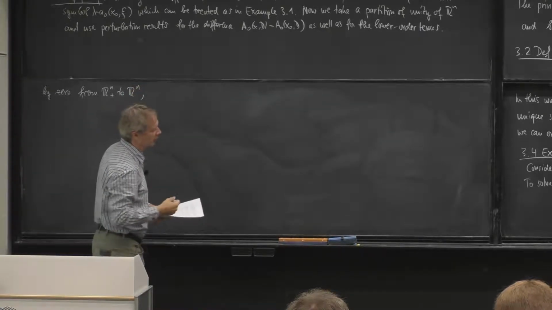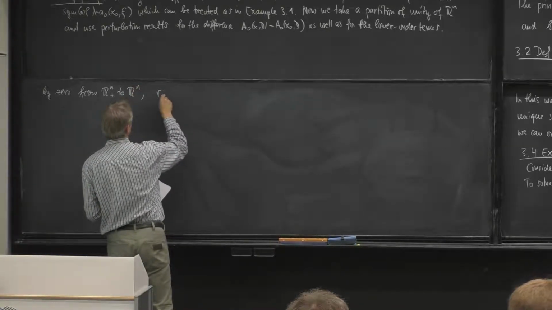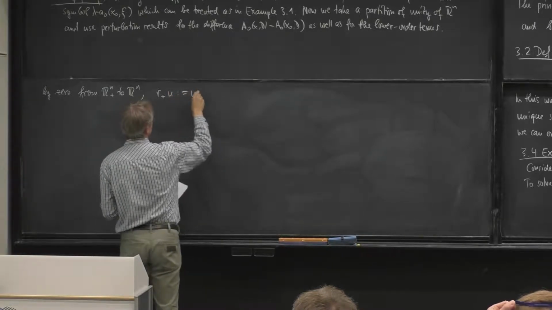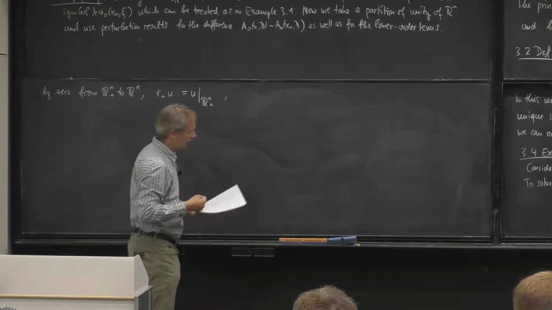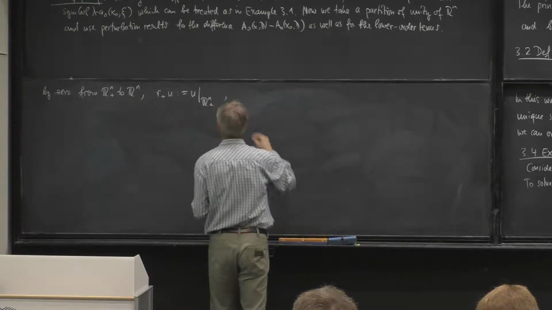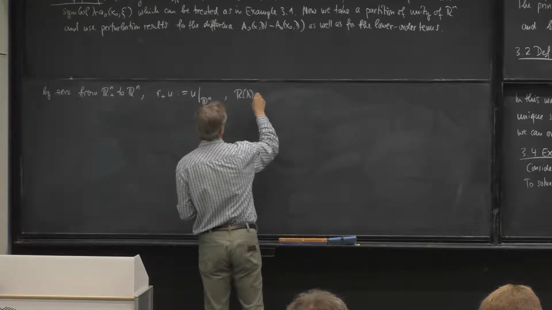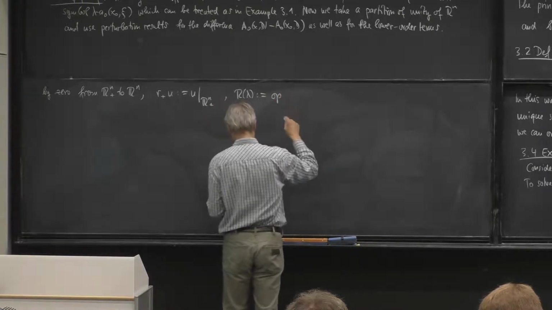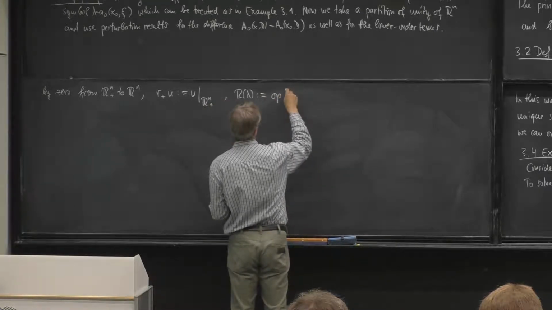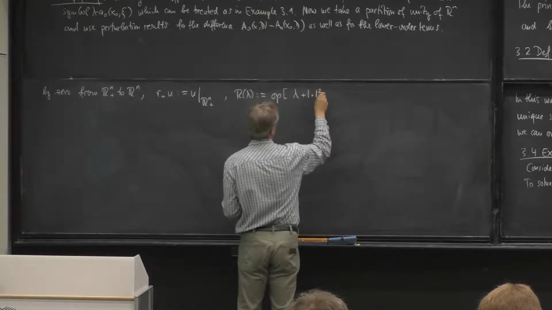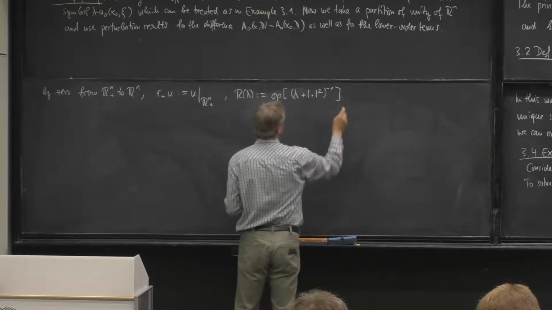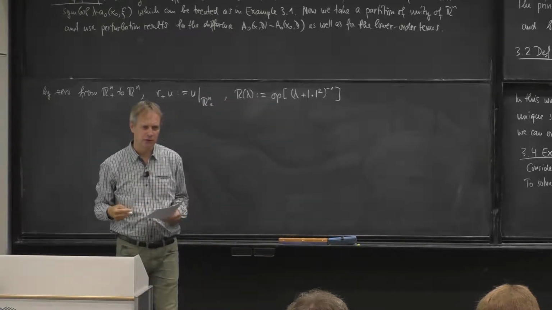And R plus u is the restriction to the half space again. And R of lambda is the whole space resolvent. R of lambda is lambda plus xi squared inverse. So this is the whole space resolvent.